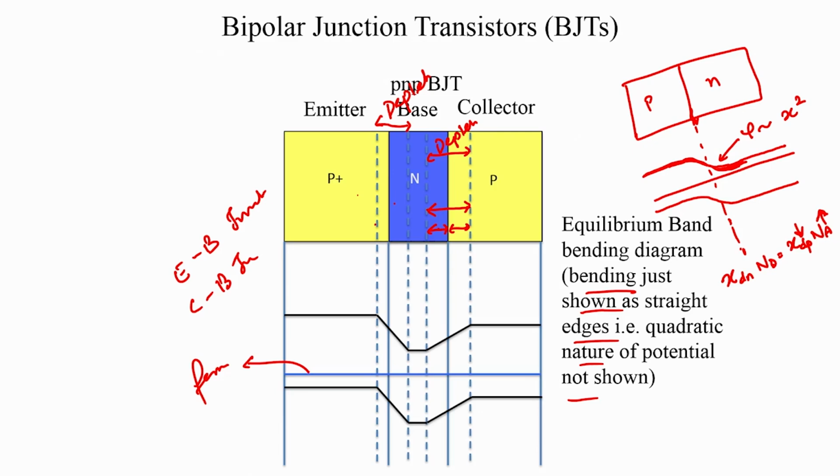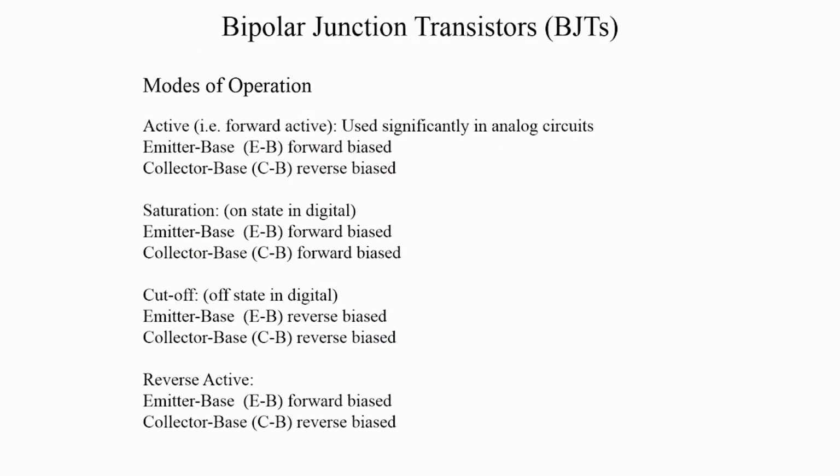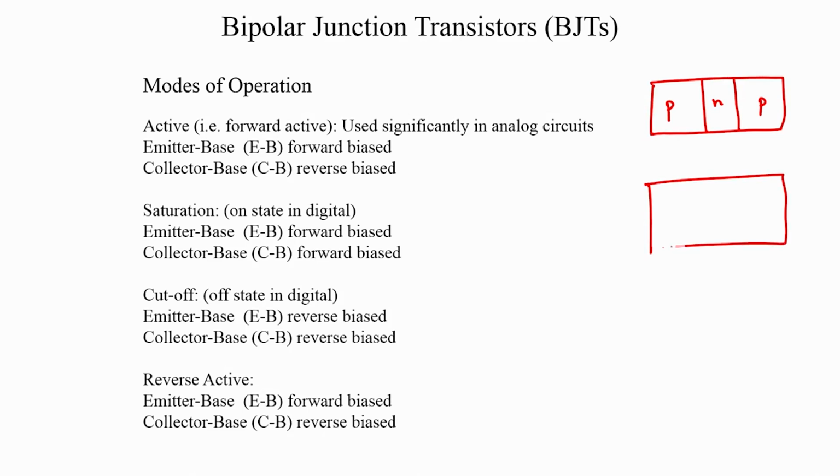Alright. So the BJT operates in several modes. Here let me just redraw this device structure. We considered a PNP, but all this is equally true for an NPN. We have several different modes of operation.